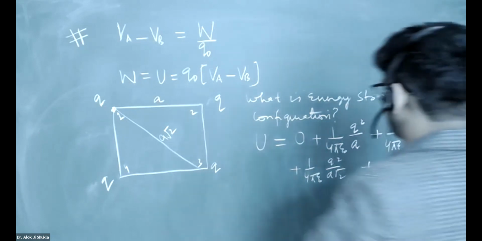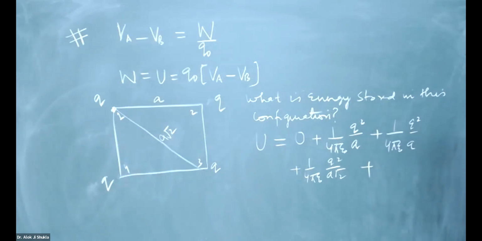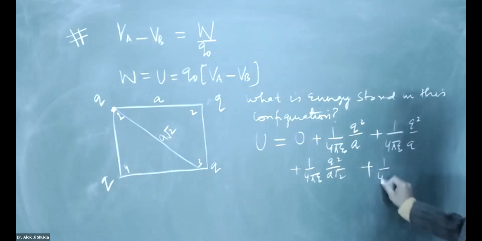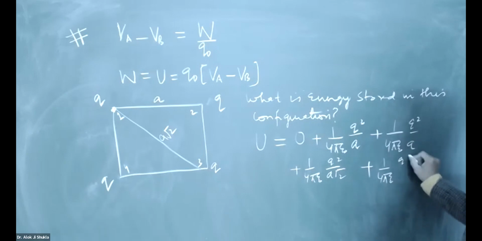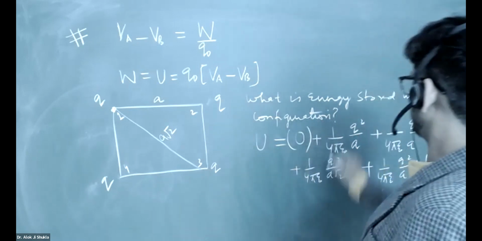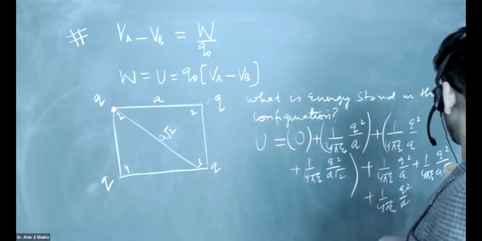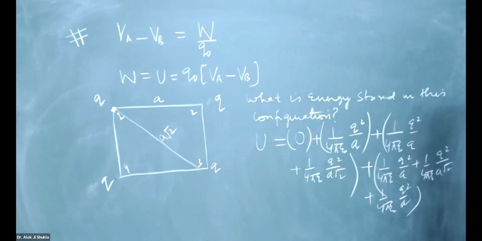Then you bring this charge when the potentials due to all three charges are present. So that will be 1 upon 4 pi epsilon naught q square by A plus 1 upon 4 pi epsilon naught q square by A root 2 plus 1 upon 4 pi epsilon naught q square by A. So this is the work to bring the first charge, this is to bring the second charge, this is to bring the third charge, and this is to bring the fourth charge.